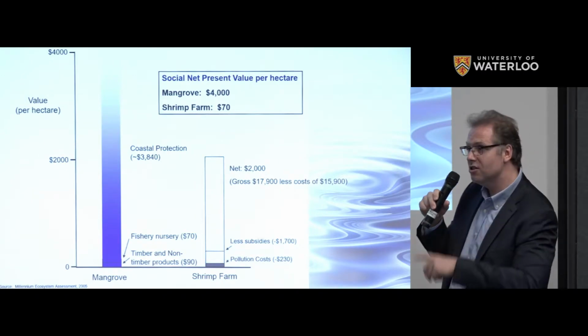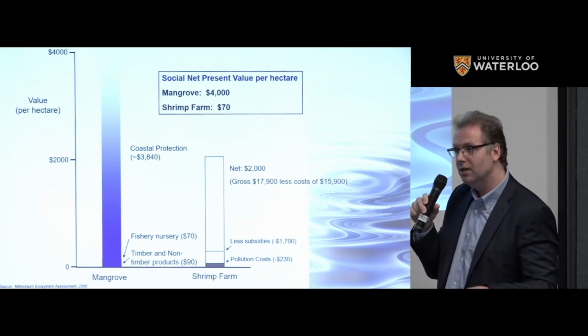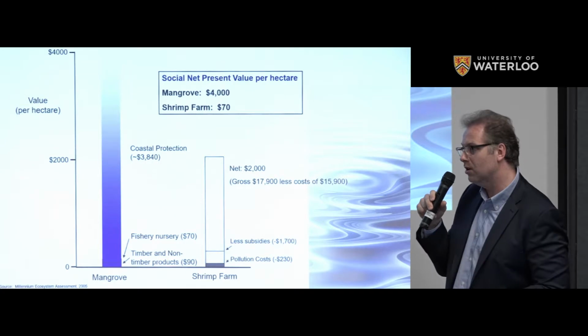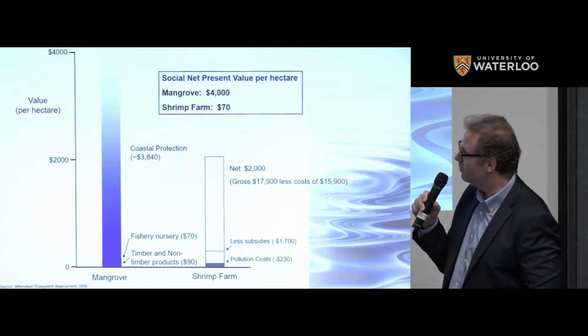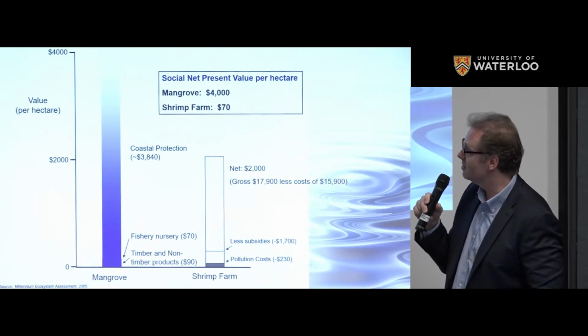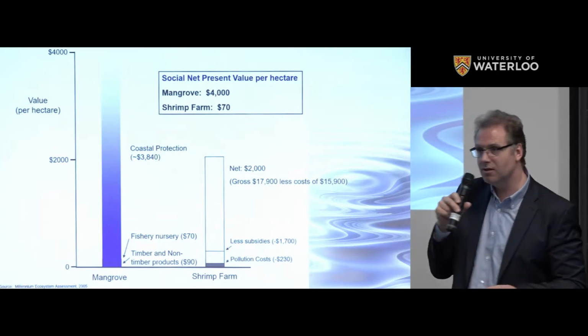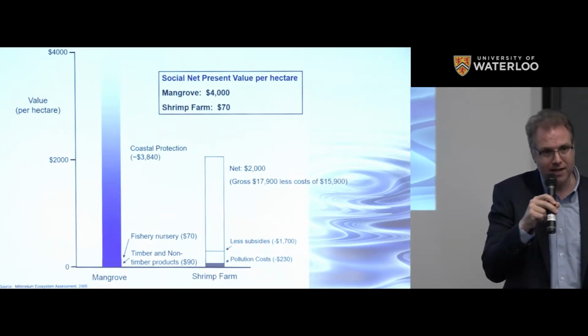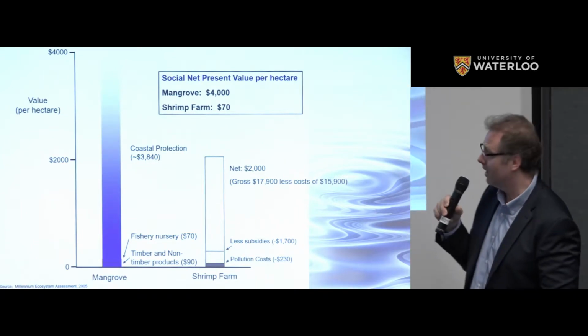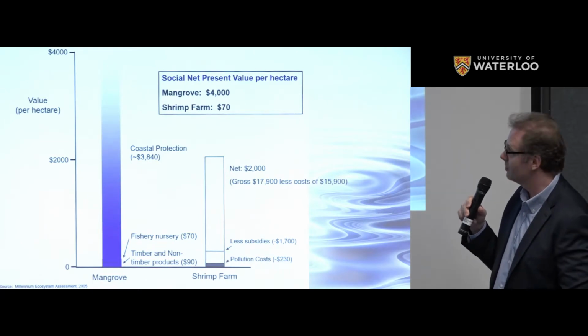And the decision is actually going to be overturned if you include these broader goods and services in your economic analysis. So pricing these public goods and services may change behavior and may overturn decisions.